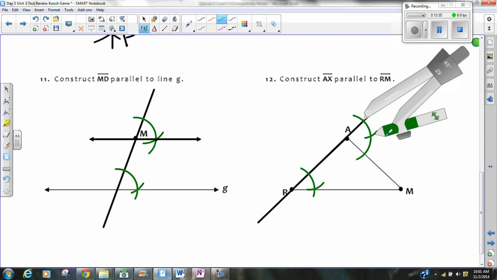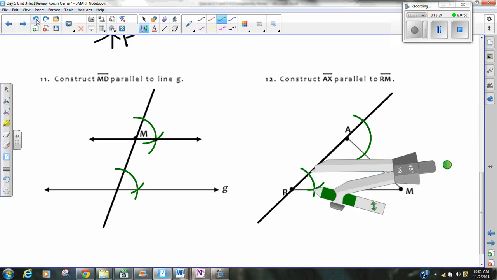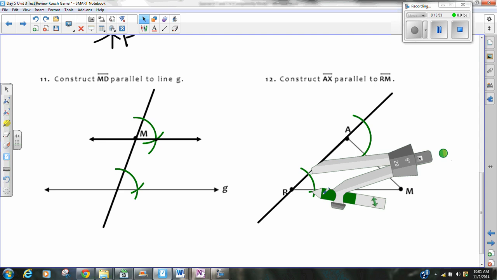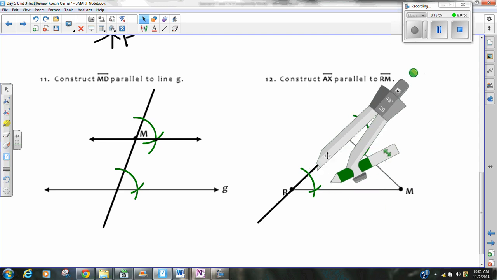Now I can already see that I'm a little bit off, so I'm going to undo that. Because see where my compass is right there? It looks like it wasn't even on the point, so I need to scoot it over. Because if you're off by just a tad, you're going to make the whole problem wrong. Okay, so that's one.